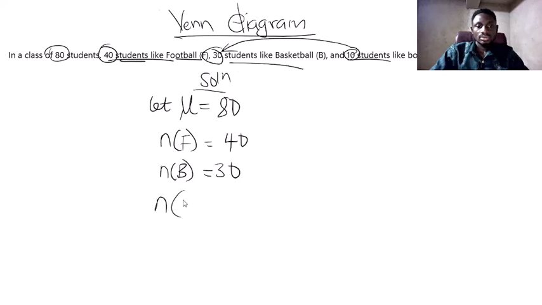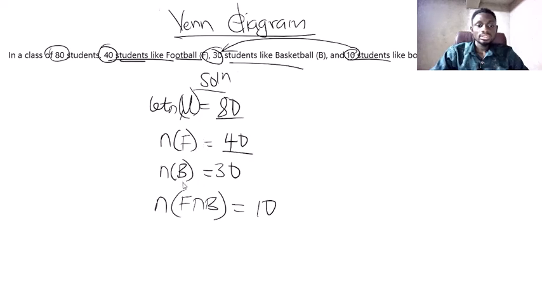So the number of students in football and basketball can be written as F intersection B, which is equal to 10. So the number of students in the class equals 80, the number who like football equals 40, the number who like basketball equals 30, and F intersection B equals 10.